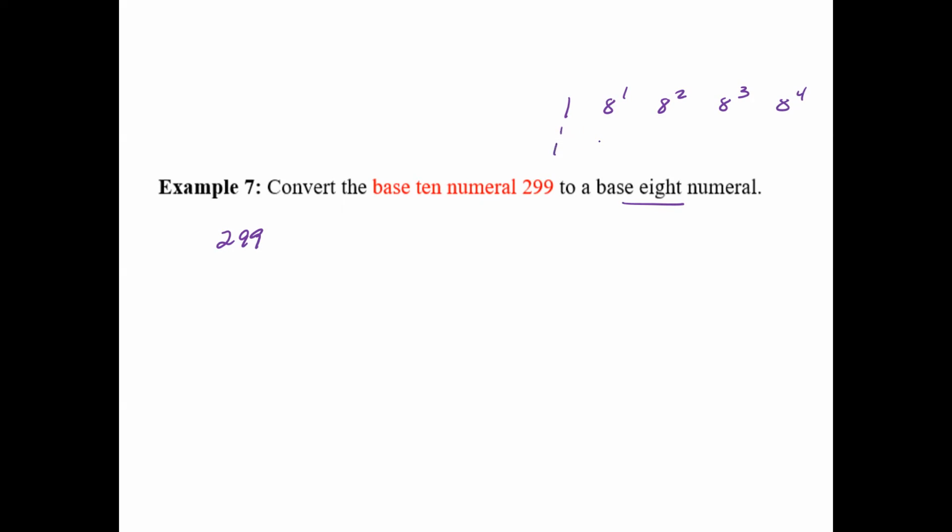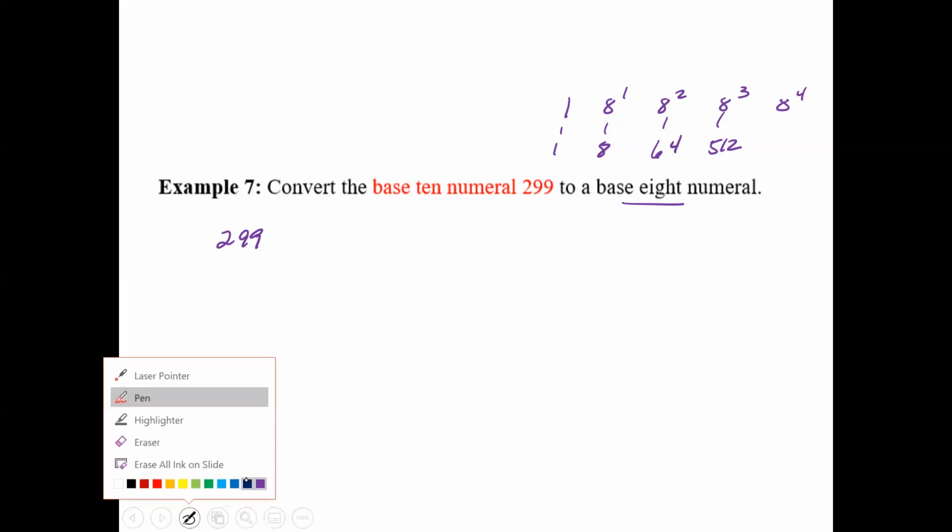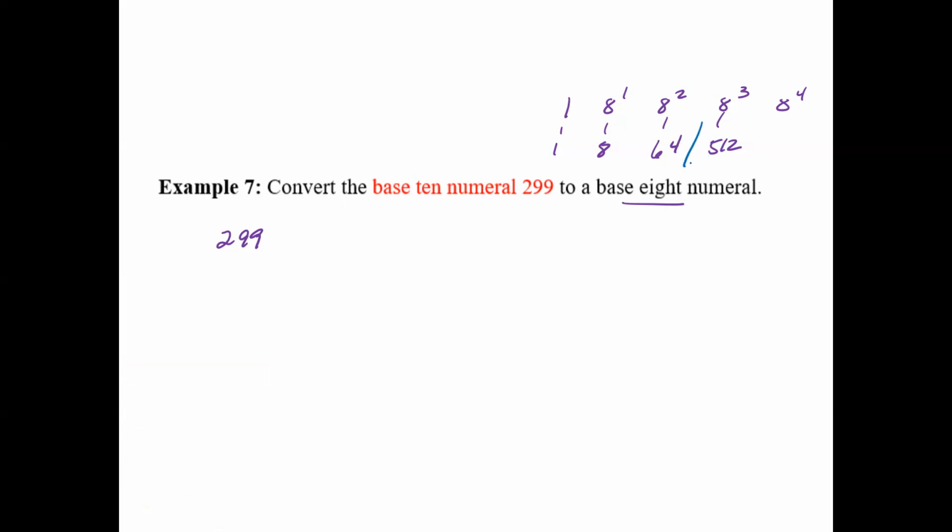So this is going to give me a 1, 8, 64, 512. And I can actually just stop right there. So which number can I start off with? I'm going to stop right here, and I'm going to start with a 64, okay?